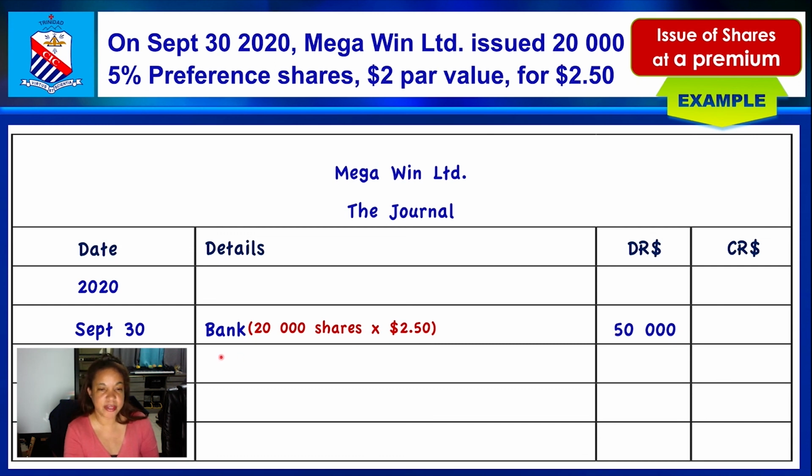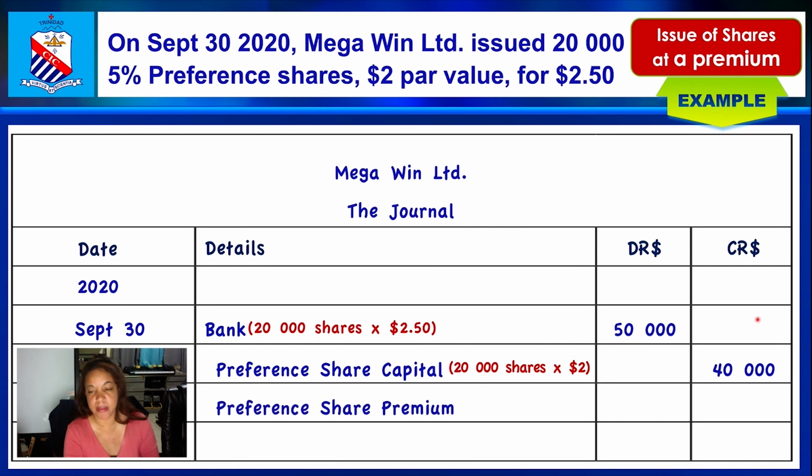And then you have share capital, preference share capital by par value this time. So the 20,000 by par value. Notice you're totally ignoring the 5%. I hope you all got that by now. Good. And then you will have 40,000, 2 different amounts. So your share premium would be $10,000.